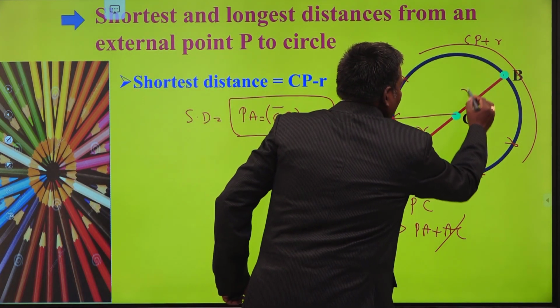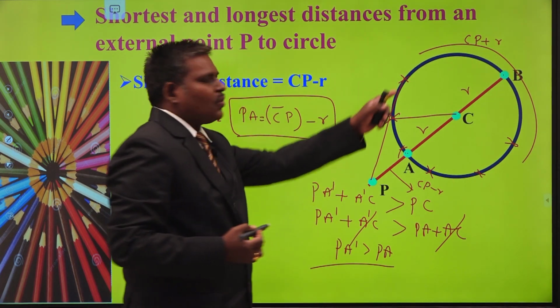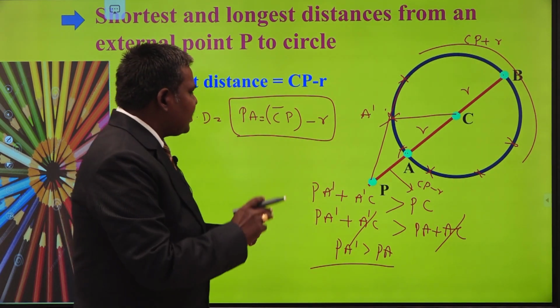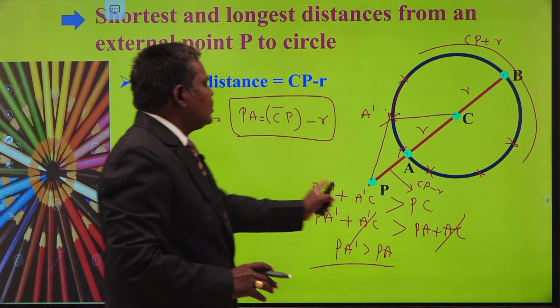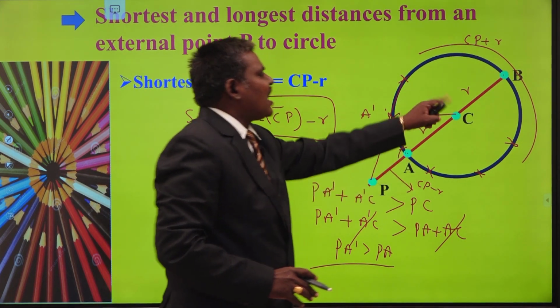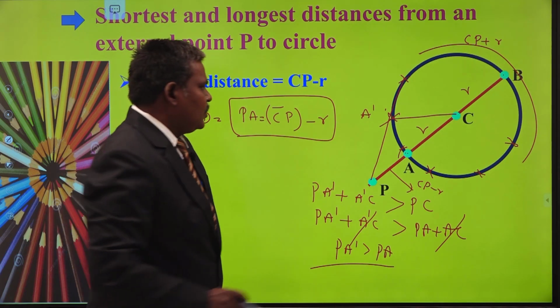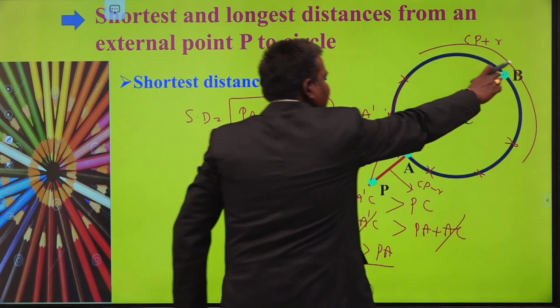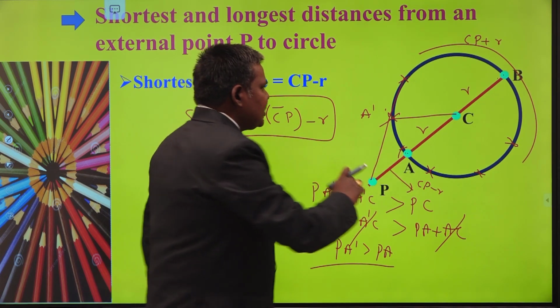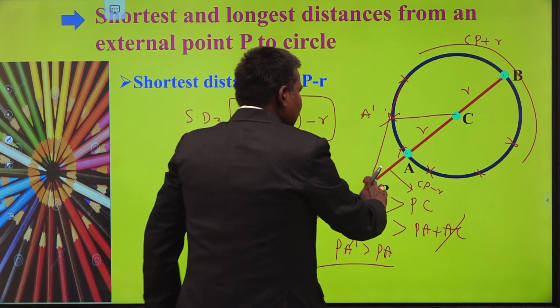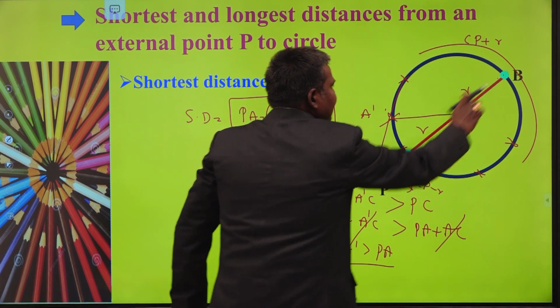Similarly, this is also R units. How to obtain the coordinates of B? B divides the same PC segment in the ratio CP plus R is to R externally. What is the distance from here to here? This is CP plus R. CP plus R is to R. So that is PB by CB.